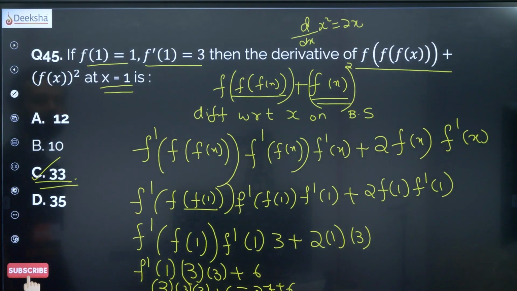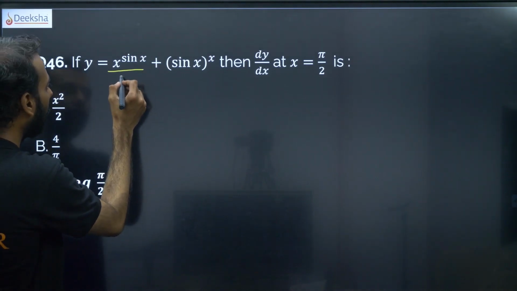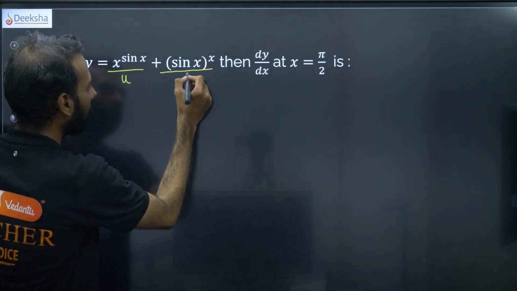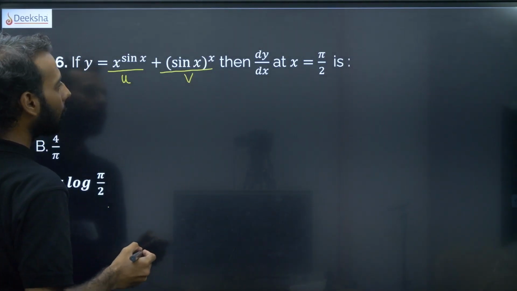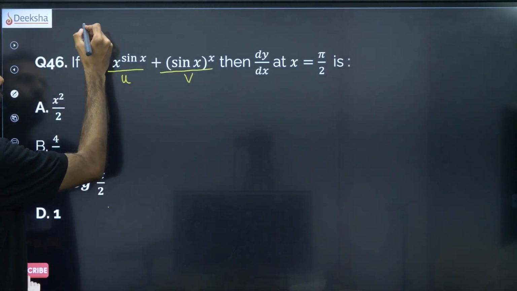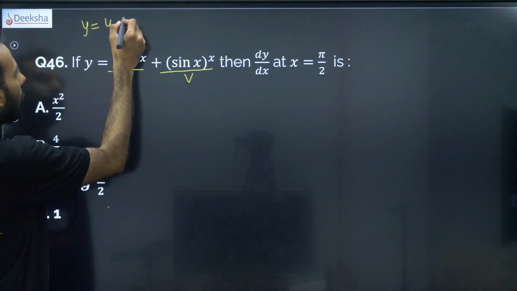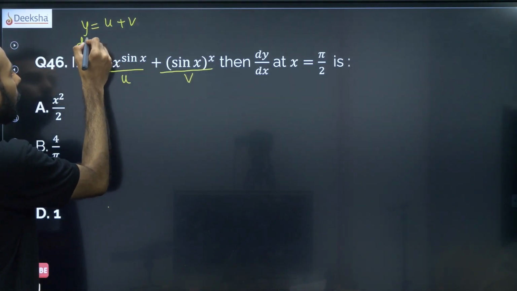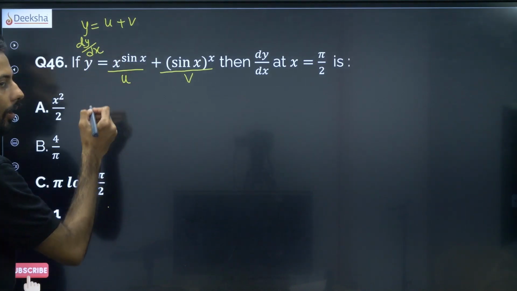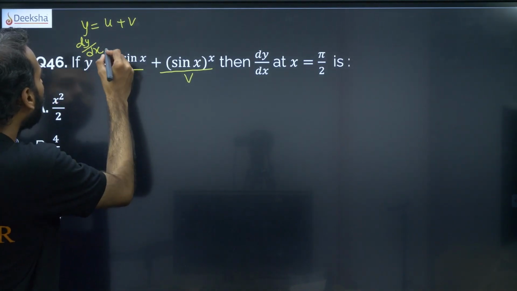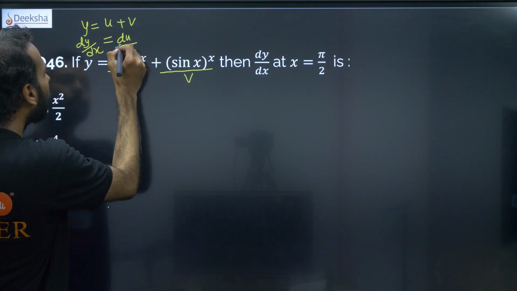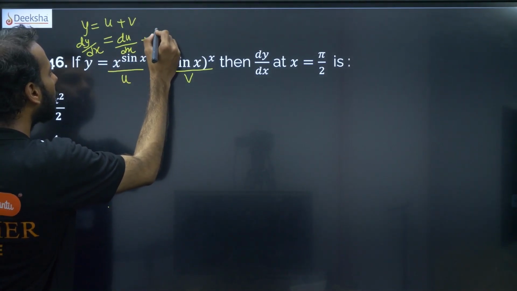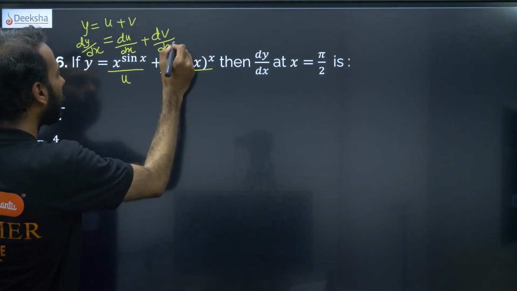So let me mark this as u, let me mark this as v. So y is equal to u plus v, dy by dx is equal to du by dx plus dv by dx.